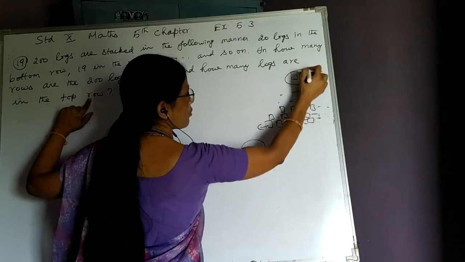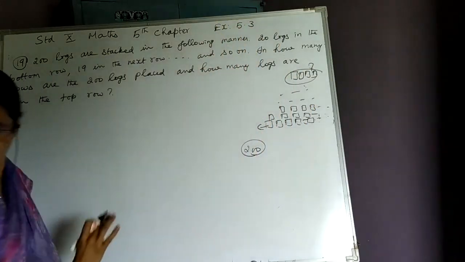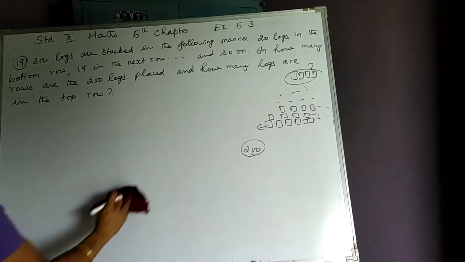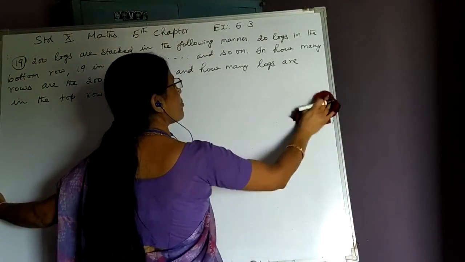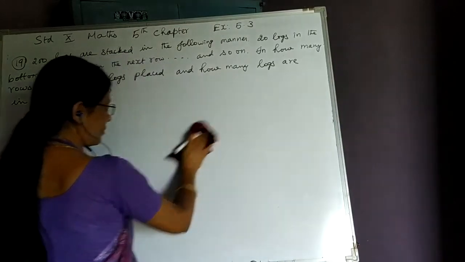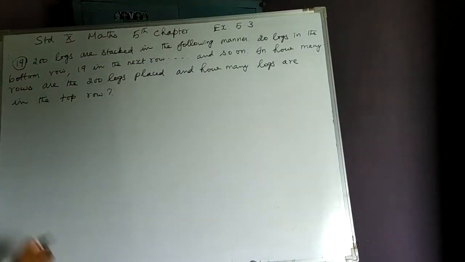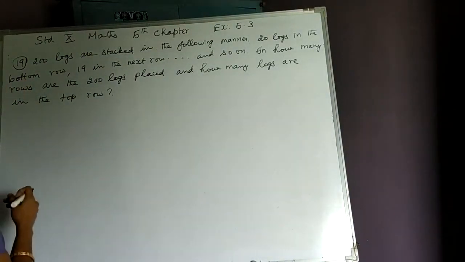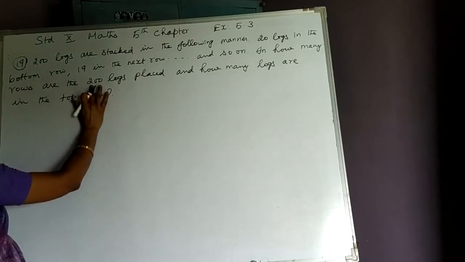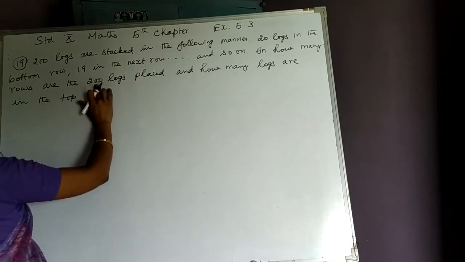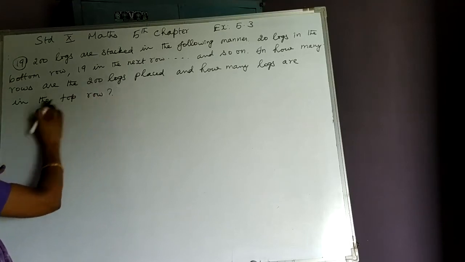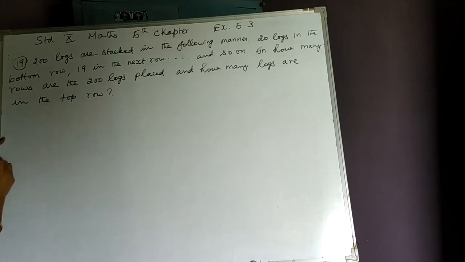This also we have to find out. Hope you understood the question. 200 logs are there. So bottom row consists of 20 and the next is 19, 18, like that the logs are arranged. The question is, if we have total logs 200, in how many rows can we arrange, and how many logs are there in the topmost row.